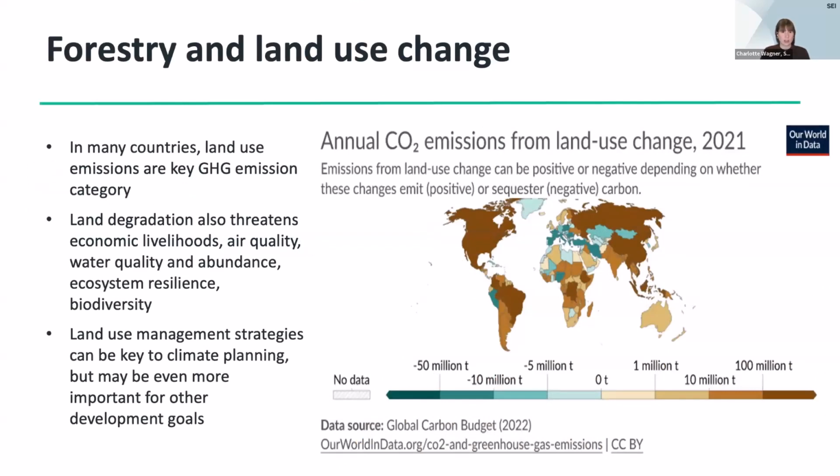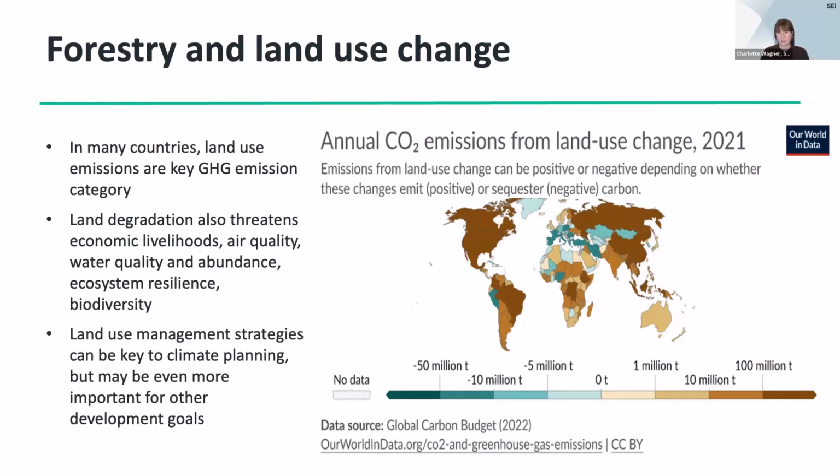Forestry and land use change produce greenhouse gas emissions in many countries. In fact, they are a key greenhouse gas emission category. Here on the right-hand side, I'm showing annual CO2 emissions from land use change for 2021 from Our World in Data.